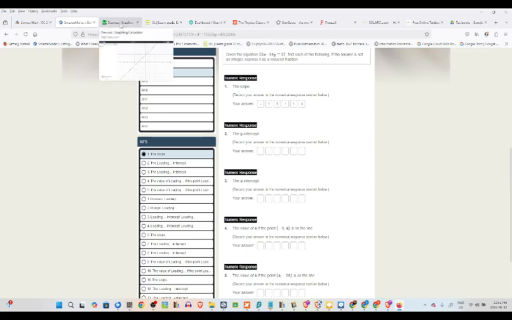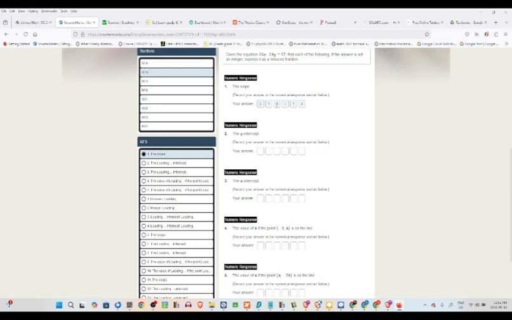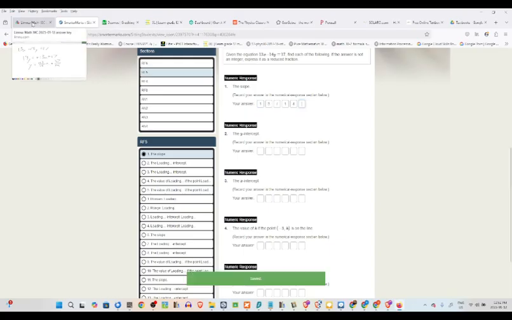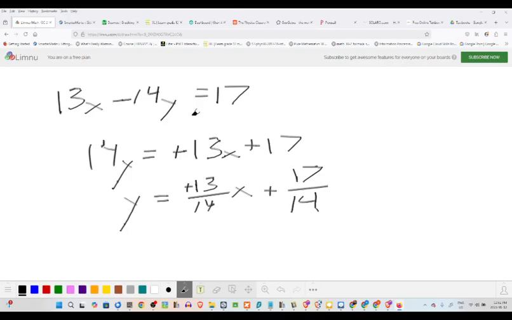Okay. So the slope here is not a negative 13 over 14. It's a positive 13 over 14. The y-intercept should be a negative 17 over 14. When x is 0, it's always good to go back to the original question. So if we did make a mistake, as I did here, building the problem, I changed the signs on the y.